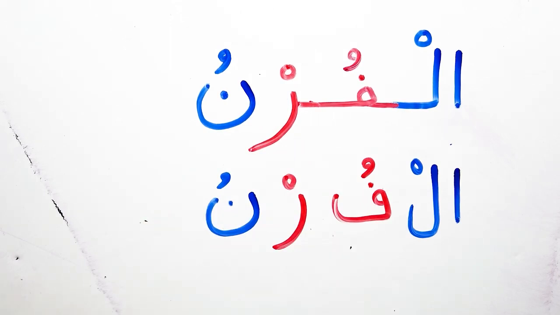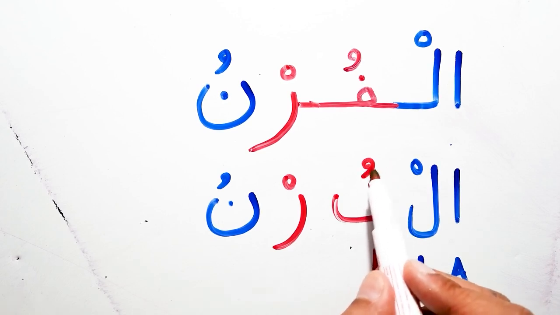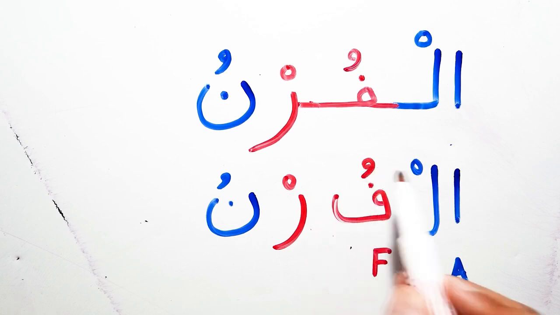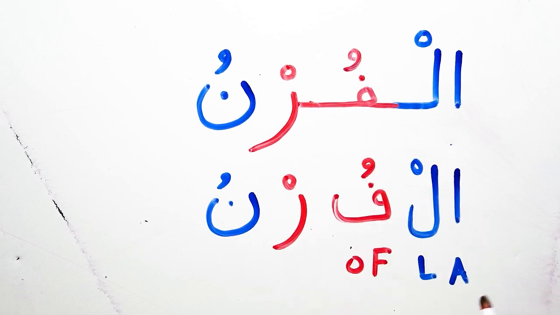Let's write the sounds of each letter. So that one has the sound of A, that one has the sound of L, and that one has the sound of F. But pay attention, I have here Dhamma on the top, so I will add O. I'm writing from the right to the left. We're gonna read Arabic from the right to the left.